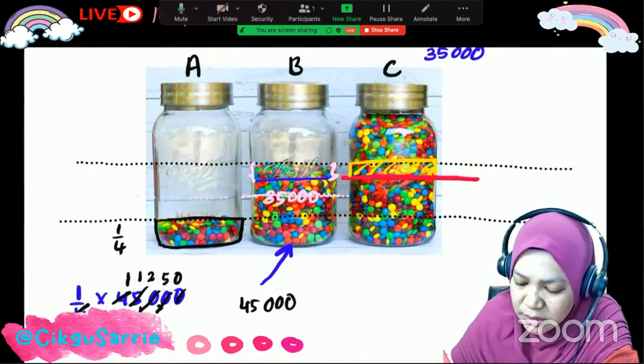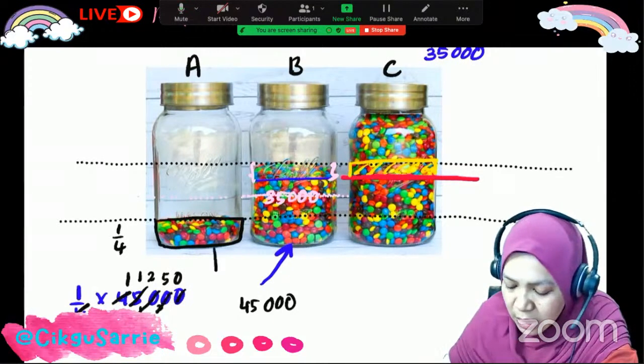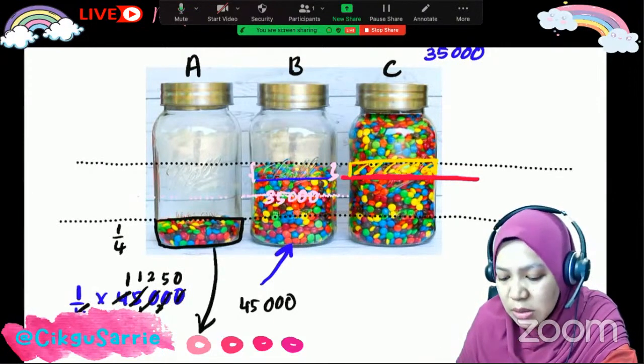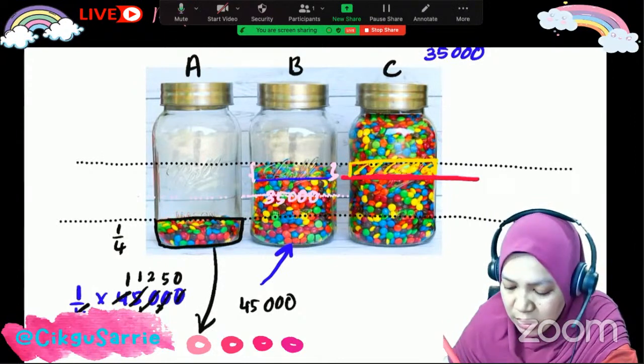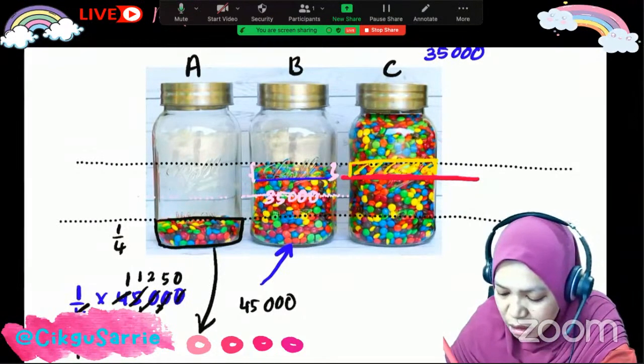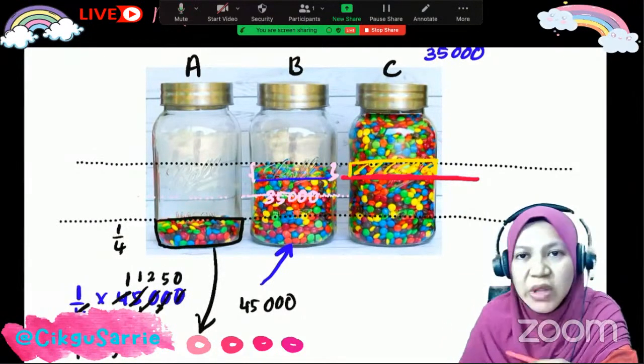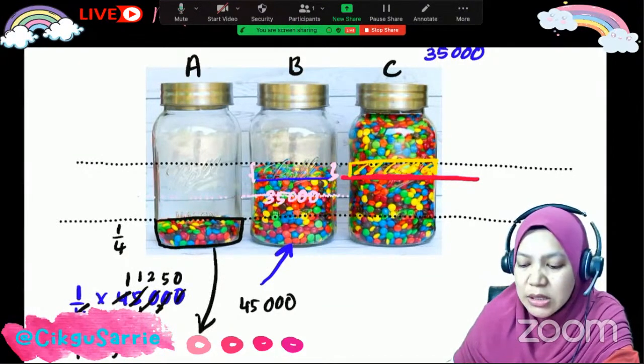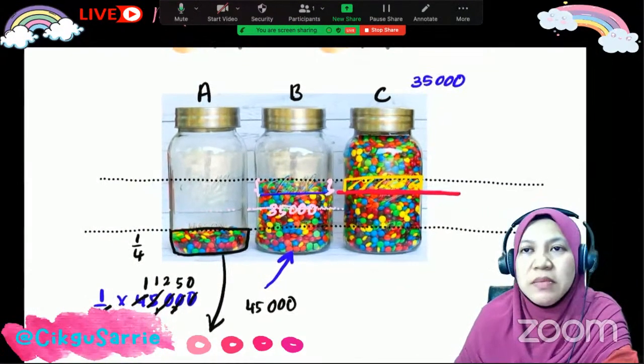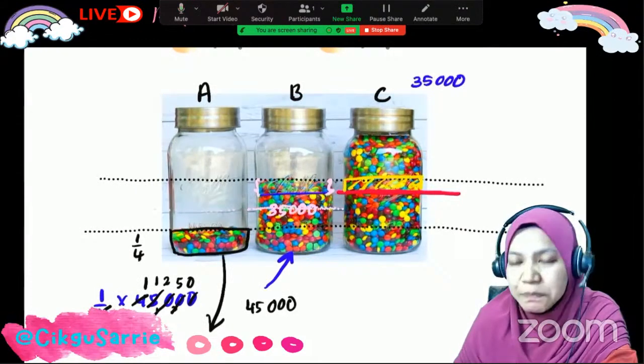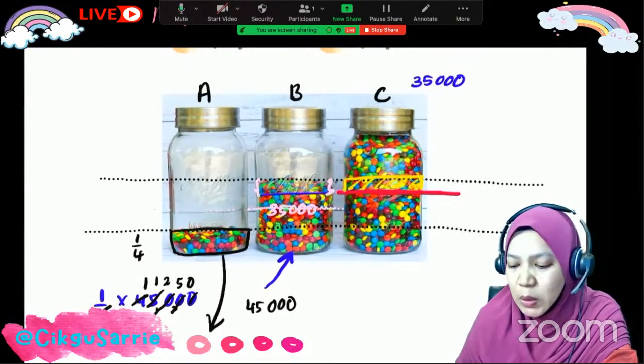So we can say that the number of chocolates in bottle A is about 11,250. Okay, this one is the estimation.